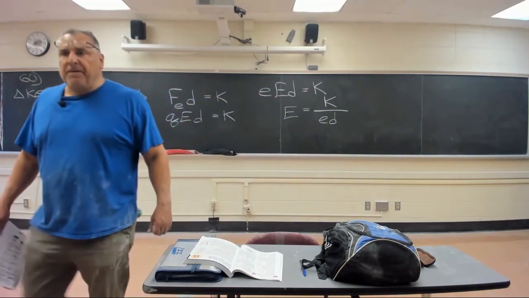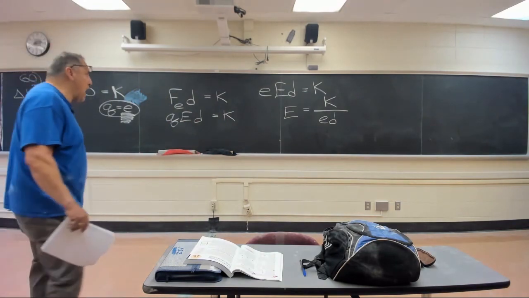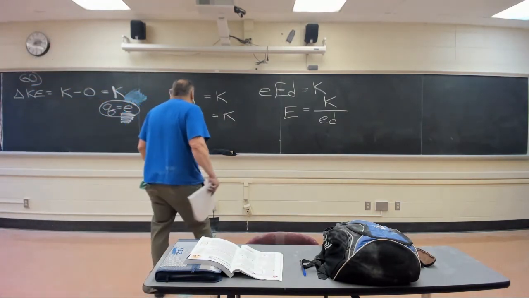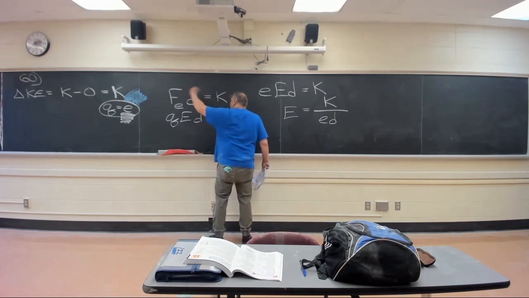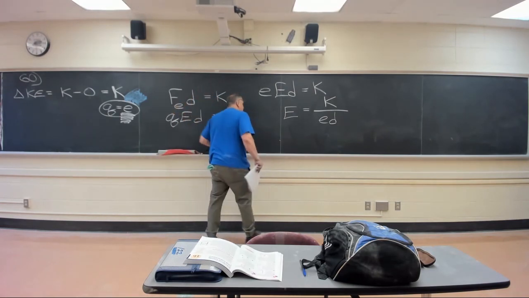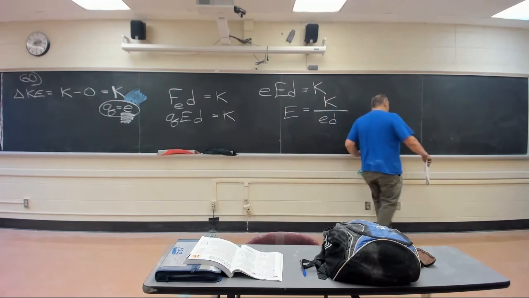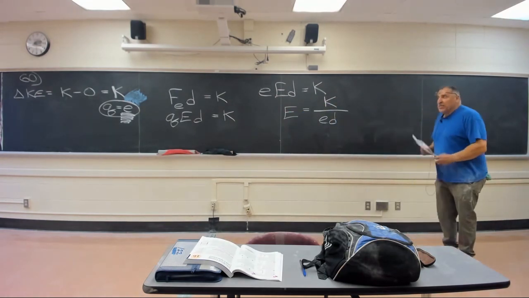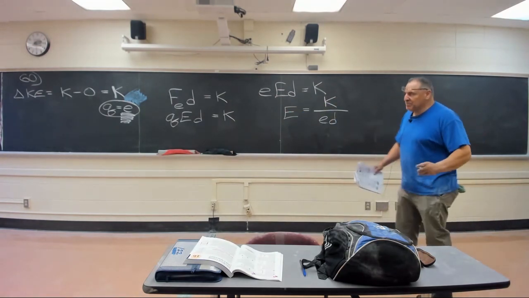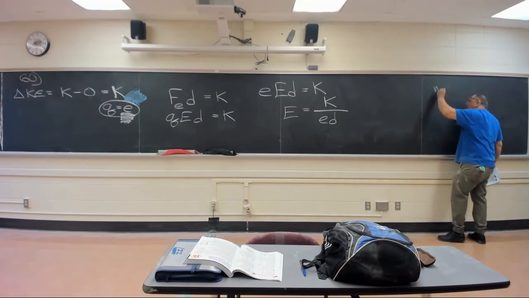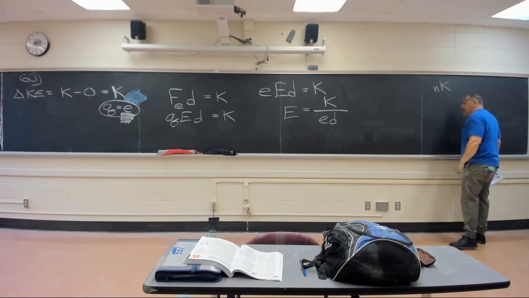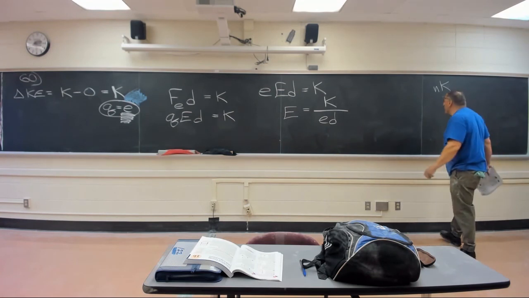How much of an E field is needed to stop n number of electrons? Well, you'd be doing n times the work. You know, this is why it works. There's n times more work. If I want to stop n electrons, and that might be 1,000,000 electrons, you guys. N times k is the work I got to do.